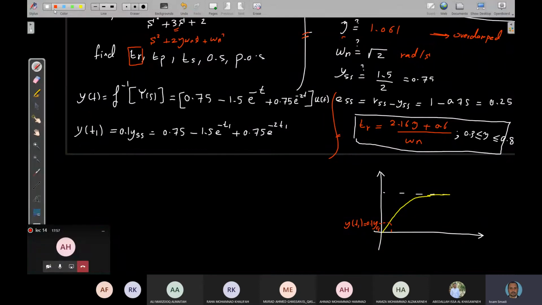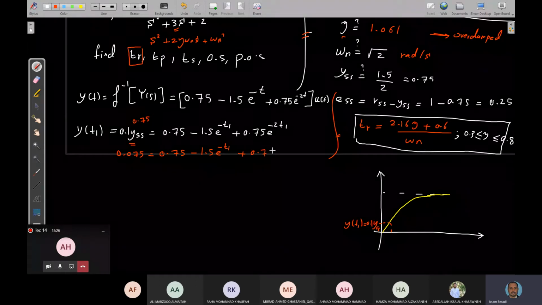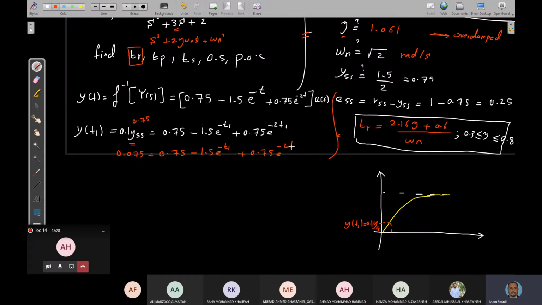Now y steady state equal to what? Who can give me this value? 75%. Yes, so this one is 0.75. So if I do the math, this will be equal to 0.075 equal 0.75 minus 1.5 exponential of minus t1 plus 0.75 exponential of minus 2t1.